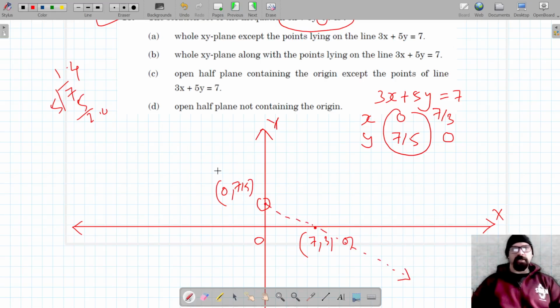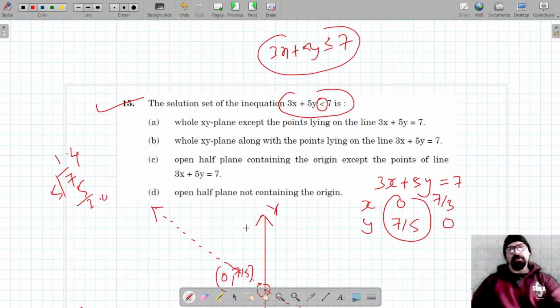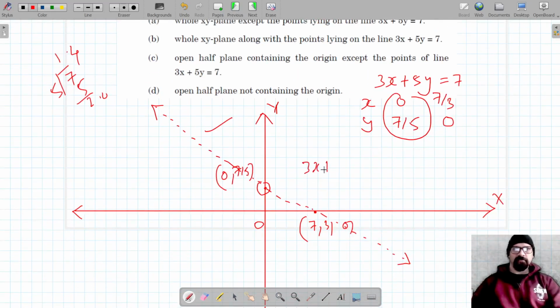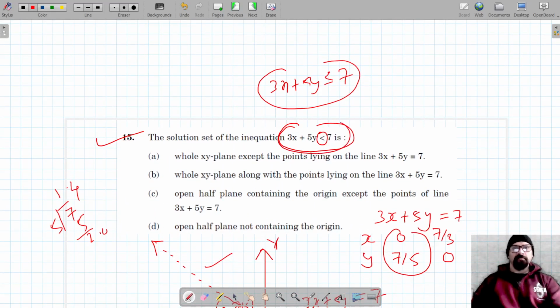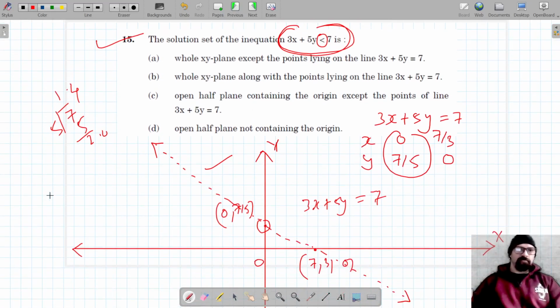Had it been 3x plus 5y less than or equal to 7, then the solution region would contain the points on this line as well. And this is the equation of the line 3x plus 5y is equal to 7. Because it's less than 7, the solution region will not contain the points on this line.